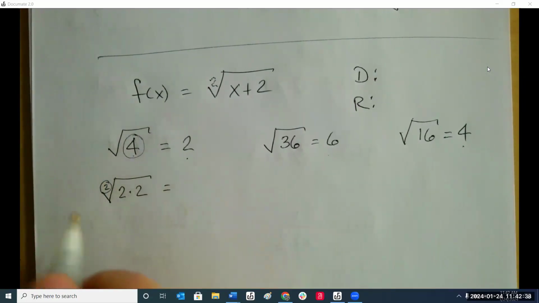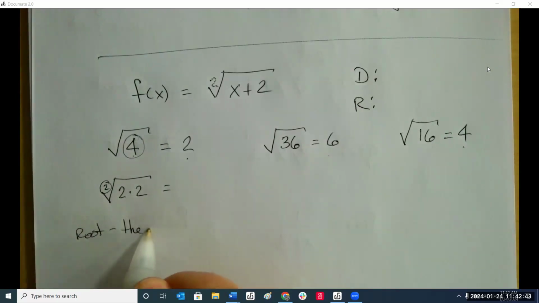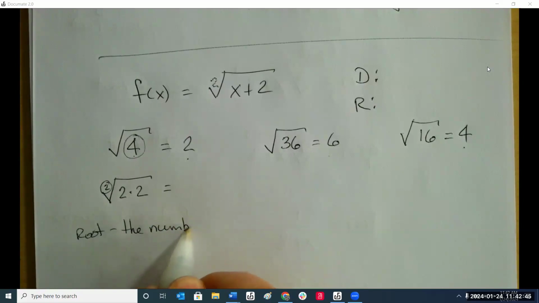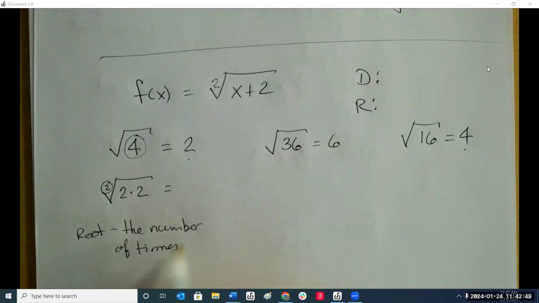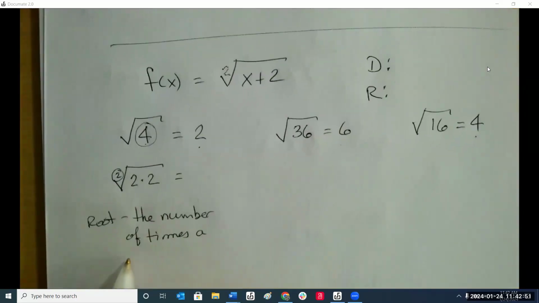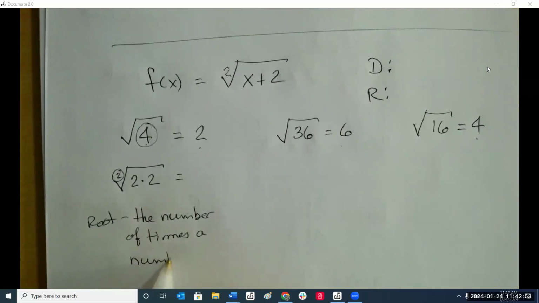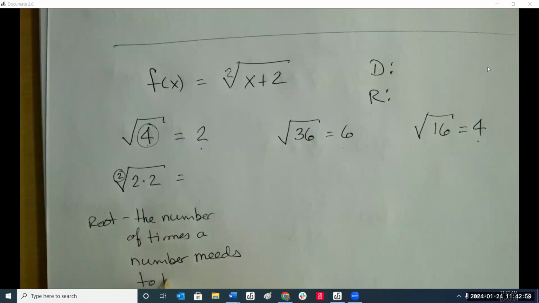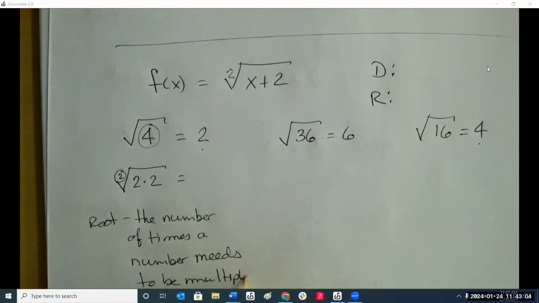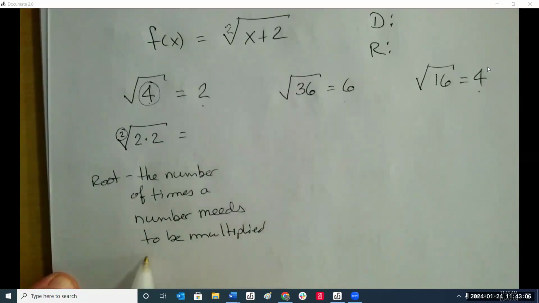What this root tells us is the number of times a number needs to be multiplied to itself.